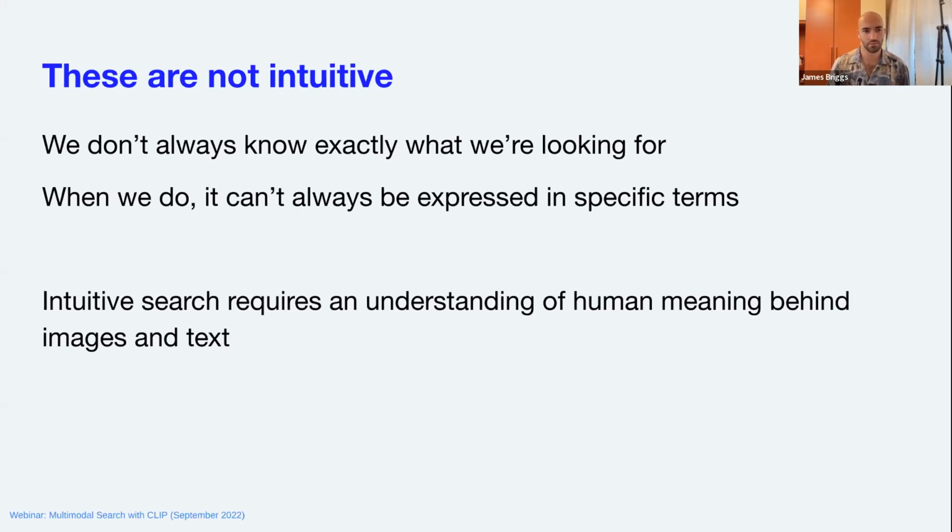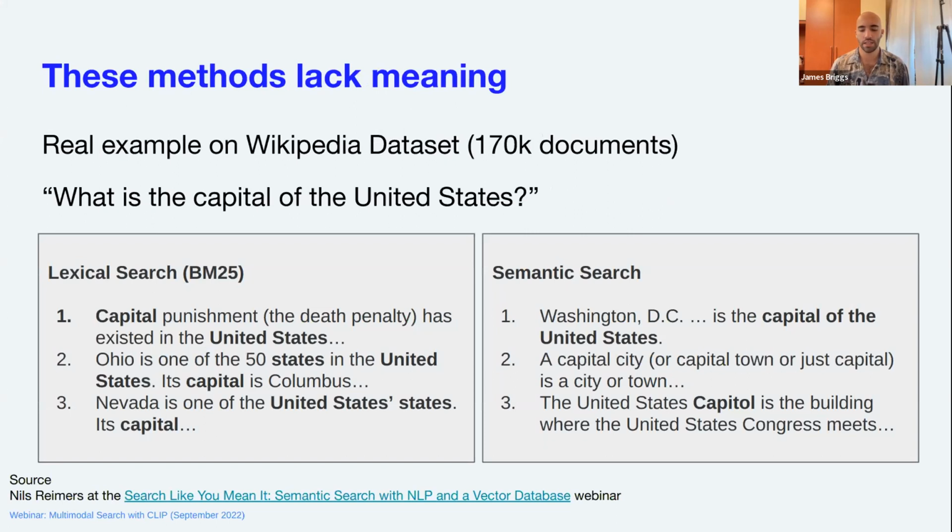If we think about the different ways of searching I just described, the first one was term matching. I'm using an example from Neil Dryman's at one of our previous webinars. We were looking for what is the capital of the United States, using lexical search, which is a traditional term matching approach.